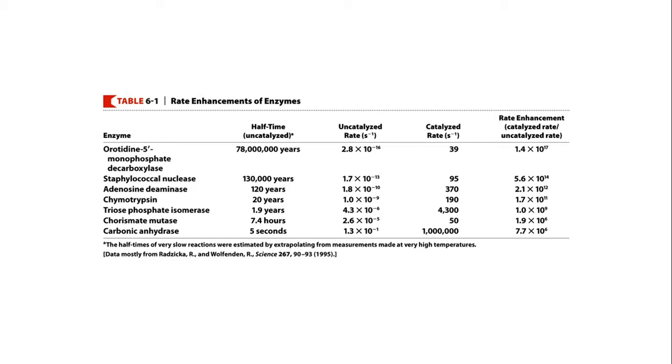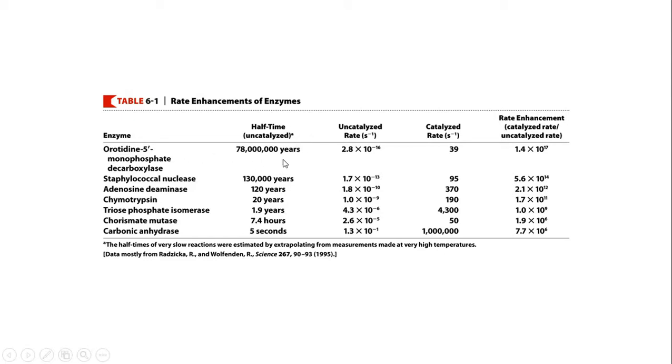It catalyzes the decarboxylation, I have a hard time getting that out, of OMP, or orotidine 5' monophosphate, to form uridine 5' monophosphate, or UMP, which is a ribonucleotide. This column shows the half-time for the uncatalyzed reactions.